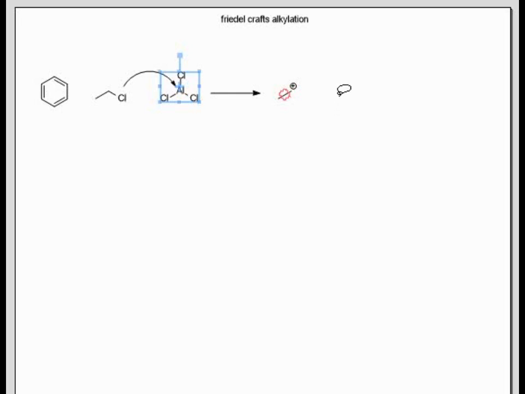So AlCl with another Cl, and now the aluminum has a satisfied octet and a negative charge. This is the complex itself. It is pretty well stabilized, so it's not going to affect the reaction that much.